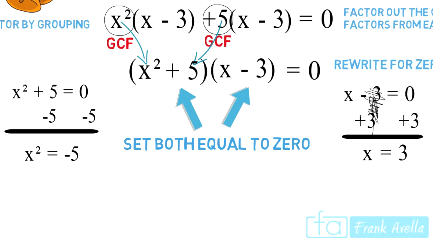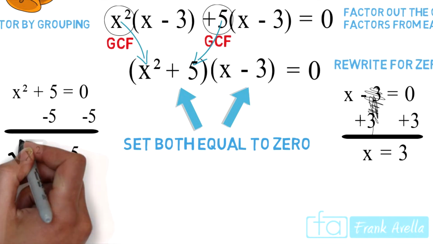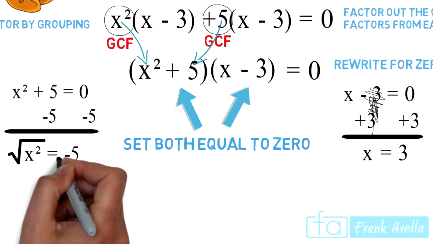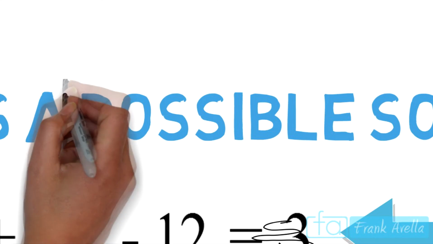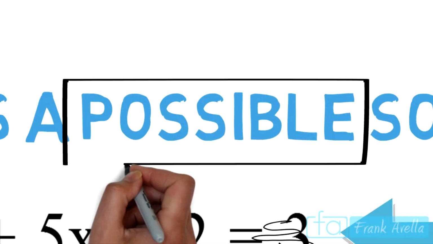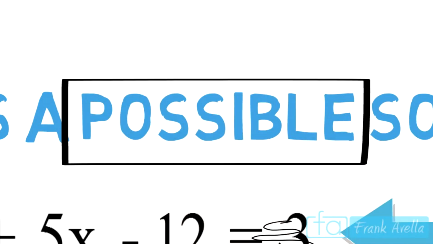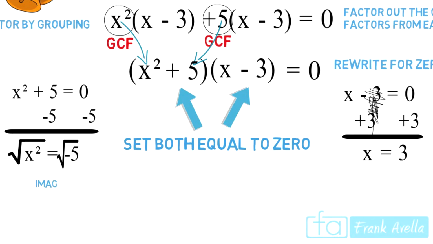To solve for that, you want to take the square root of both sides of the equation. So you take the square root of x squared, take the square root of negative 5. However, we're looking for a possible solution, so it has to be a real solution, a real number. The square root of negative 5 is actually an imaginary number. You cannot have a negative inside a square root.